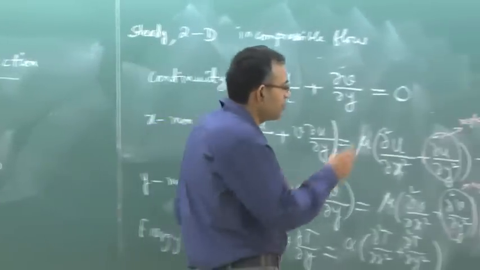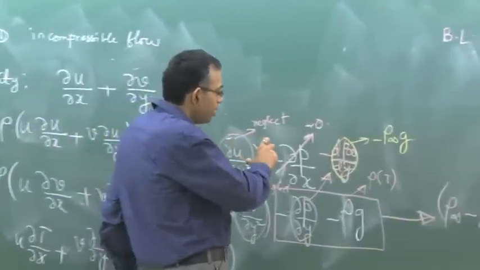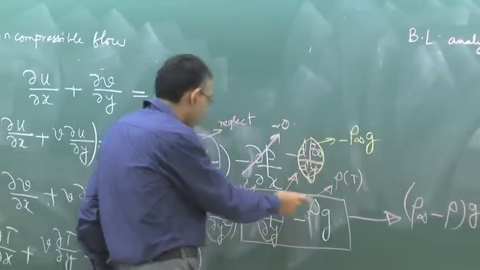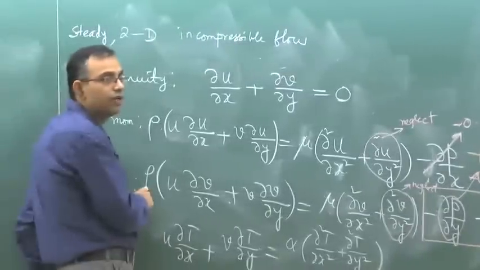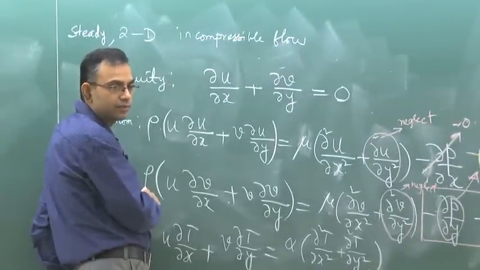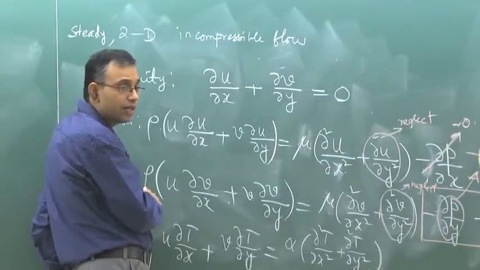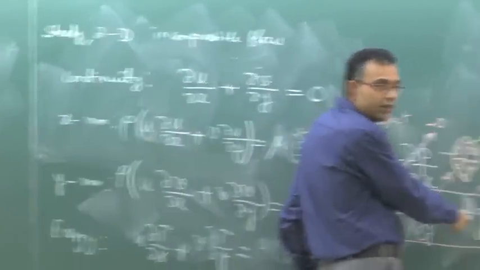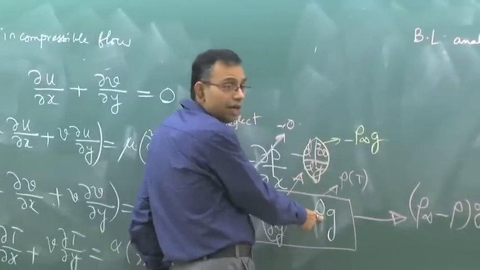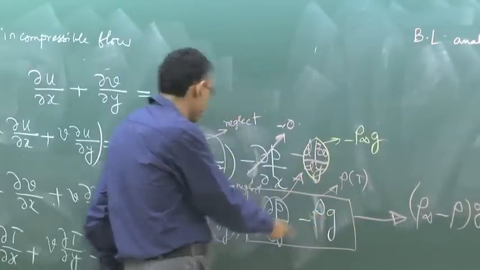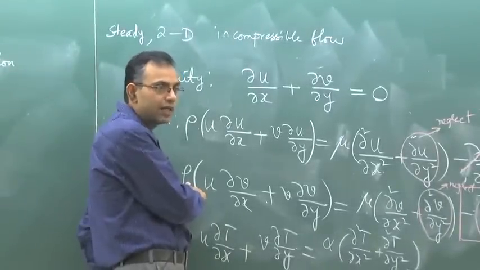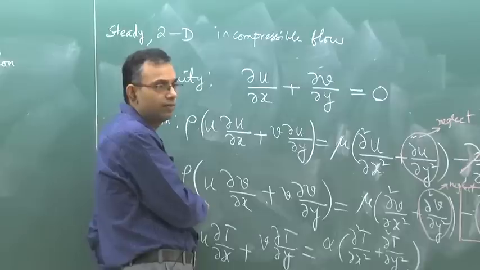If rho is a function of temperature, for governing the physics of the problem, in this term or in this term, which is the primary effect and which is the secondary effect, which is actually driving the flow? See, this body force is driving the flow. So this rho being a function of temperature is the primary effect. This rho being a function of temperature is also a physical effect, but that is a secondary effect to the problem. The primary effect is this rho being a function of temperature.